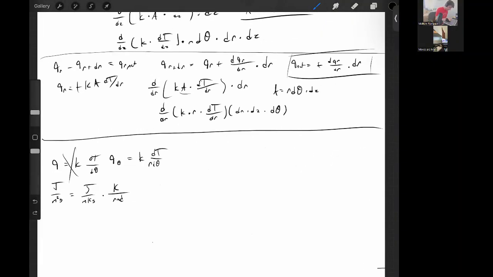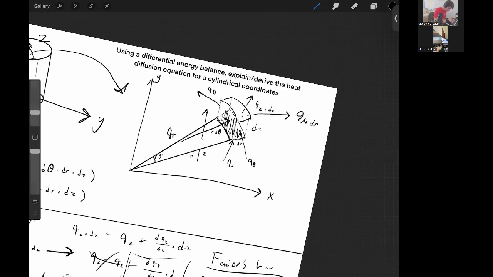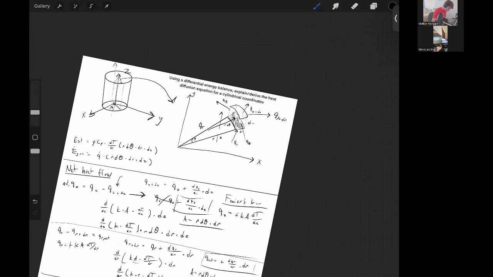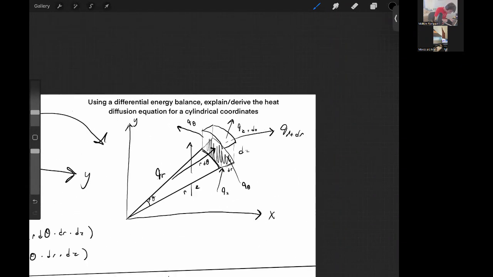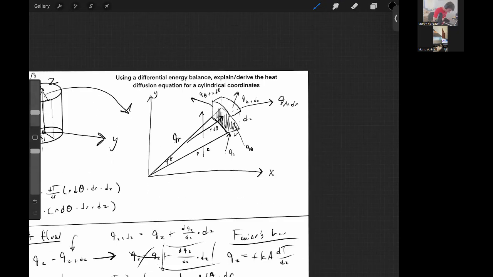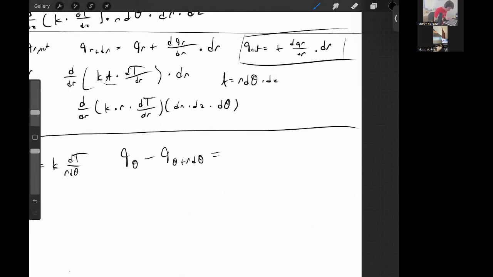Okay, let's start with finding our net heat flow for this direction. Again, same equation as earlier, to find our heat flow that is leaving this direction, we're just going to add in regards to r d theta.